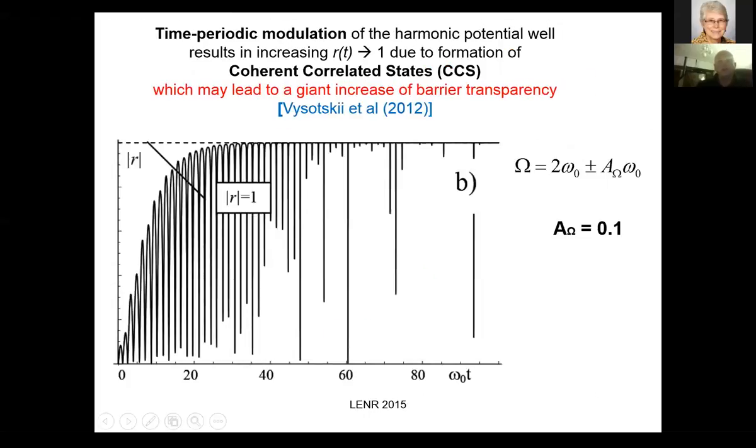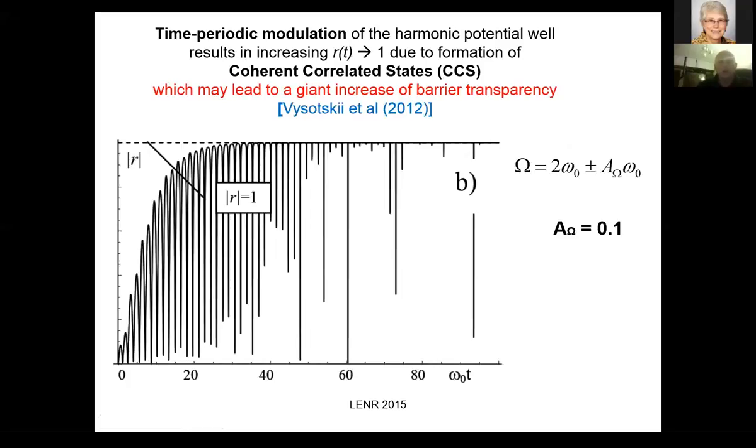And the physicist from Kiev, Vladimir Vysotsky, actually discovered a way to increase the correlation coefficient. This way consists in modulation, oscillation of the potential well width.